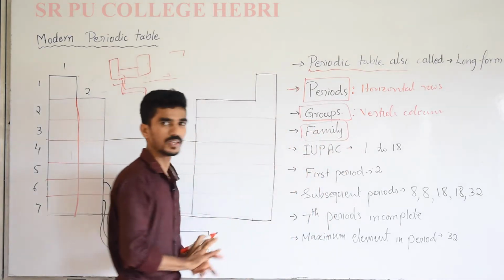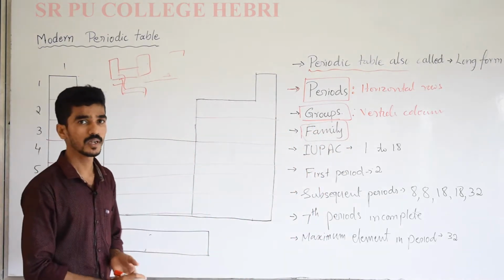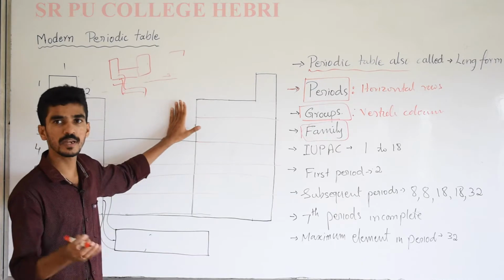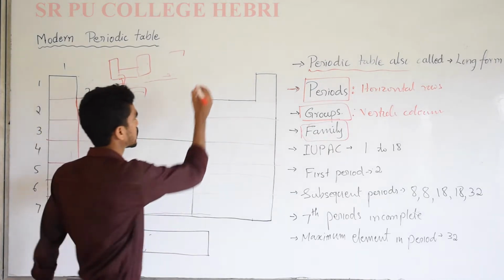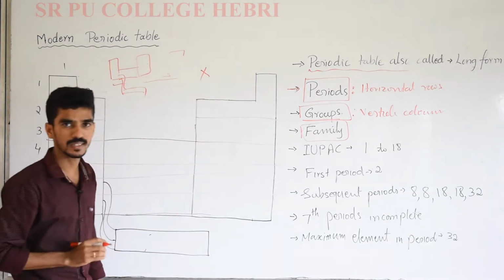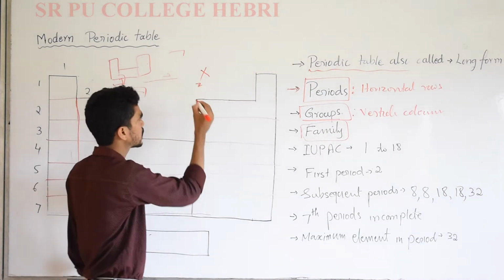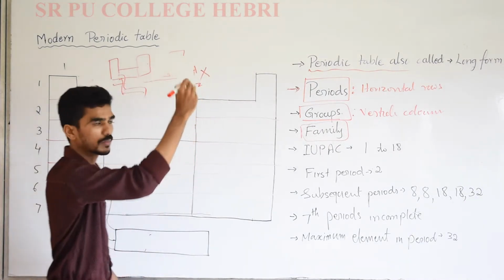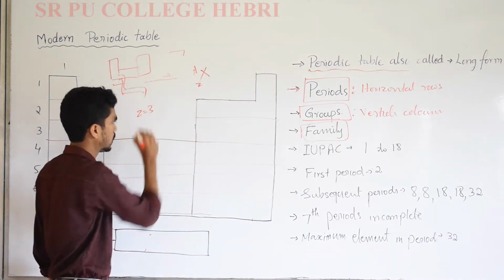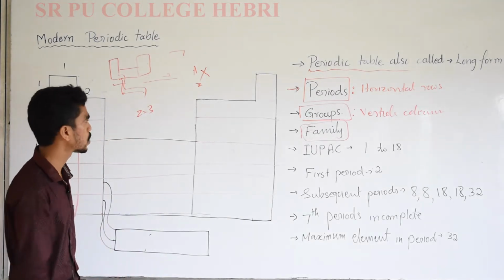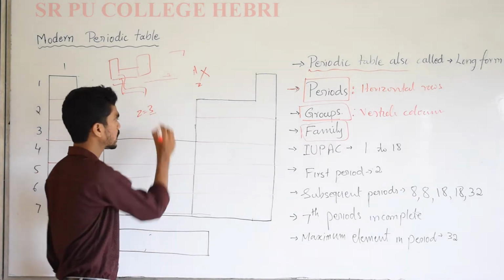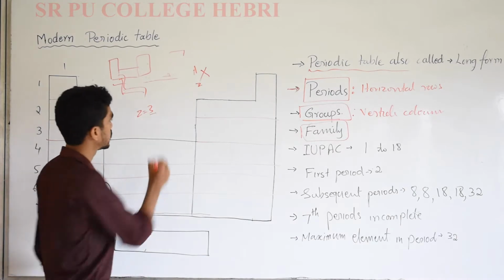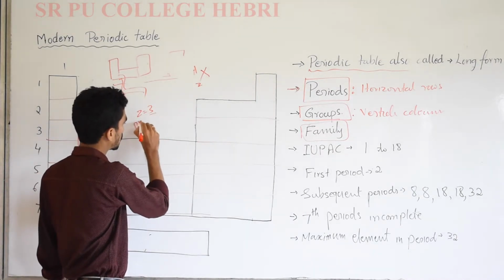What are families? Every element is made of protons, neutrons and electrons. For example, X is an element, Z is the atomic number, and A is the mass number. If Z equals 3, Z is nothing but the number of protons, the proton number.